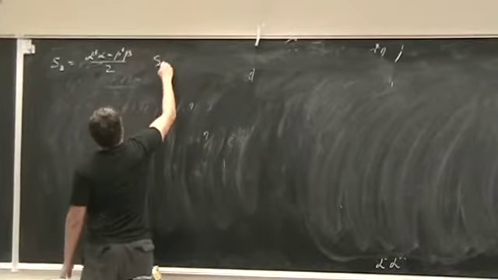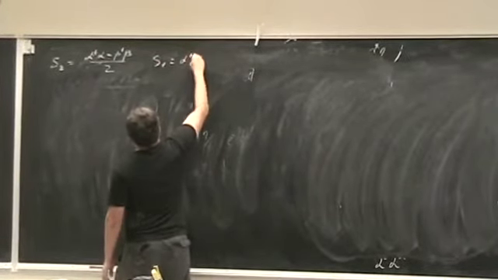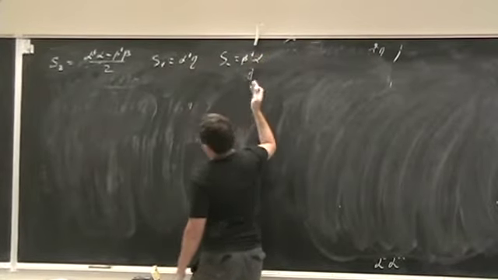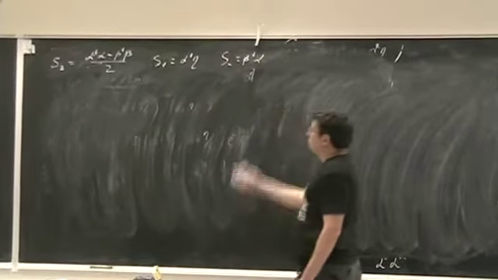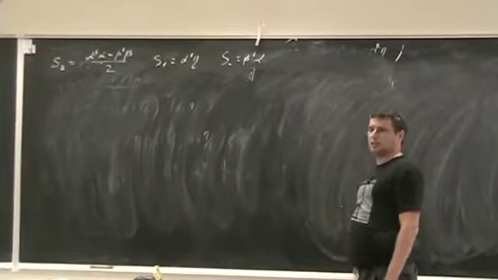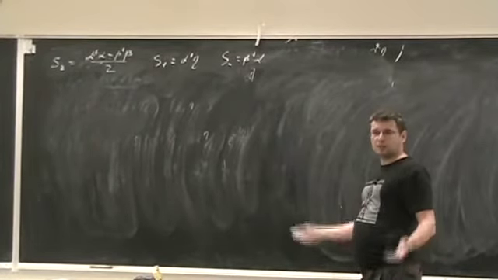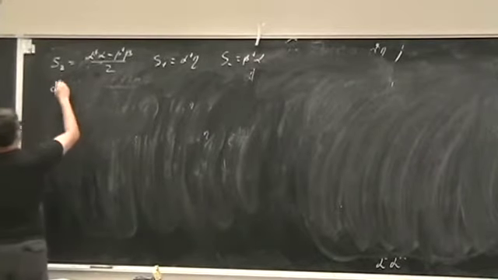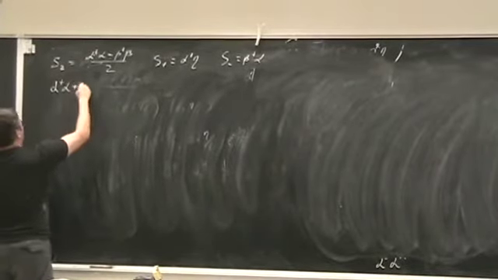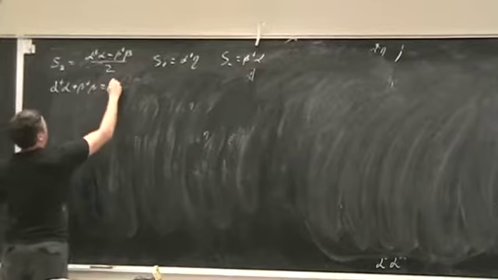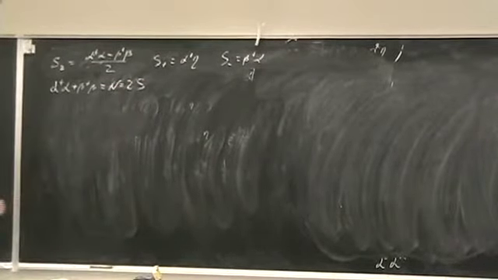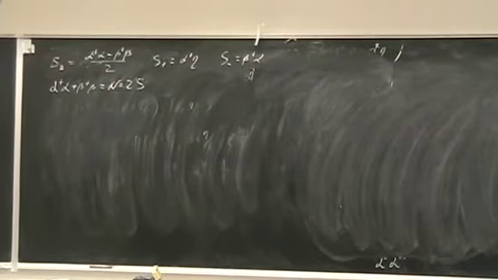Similarly S⁺ is α†β and S⁻ is β†α. I'm sure you all know about it. If you don't, just check that this representation respects the spin commutation relations. There is one subtlety: α†α + β†β = n, which is 2S. Usually this is a constraint, but for us it's just a Fock state.